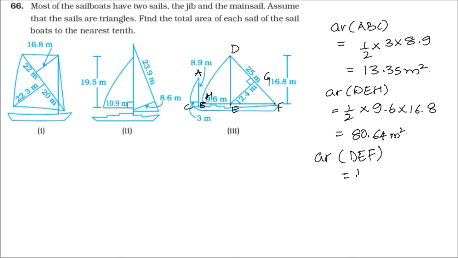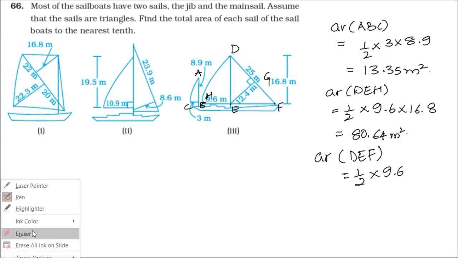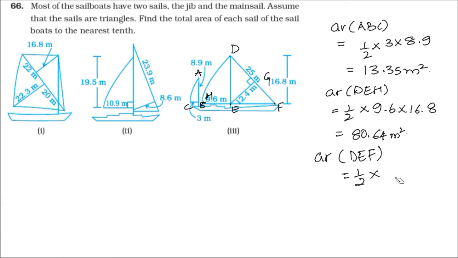This will be equal to half into the base. Base is 25. It's not 9.6, it's 25. Multiplied to the height 12.4. This will be 155 square meters.